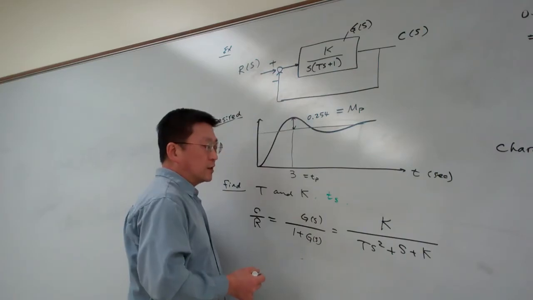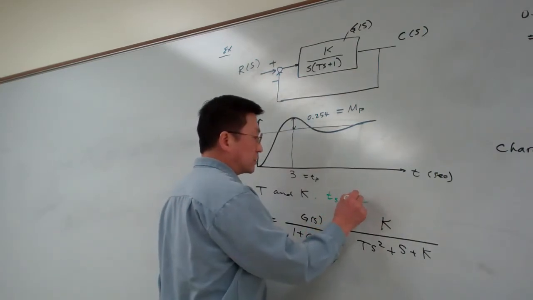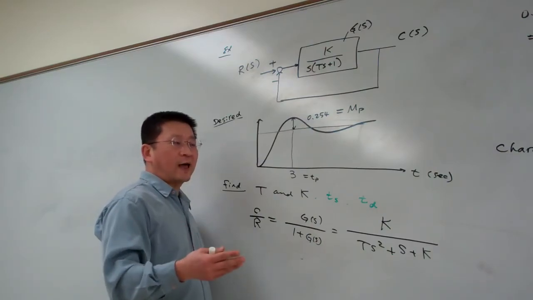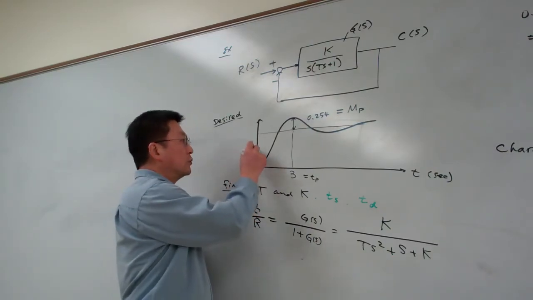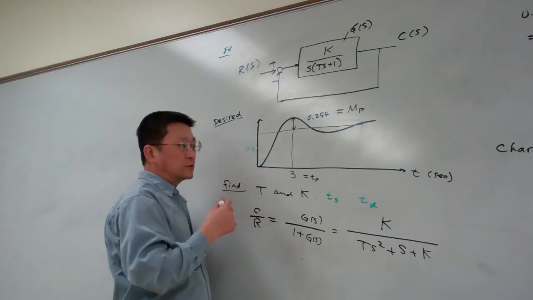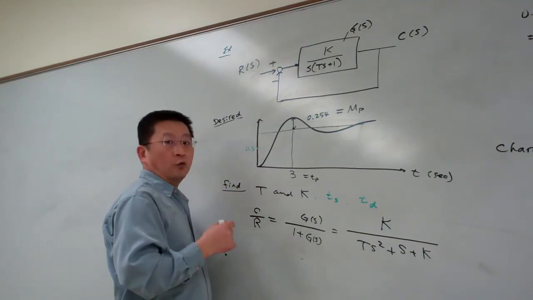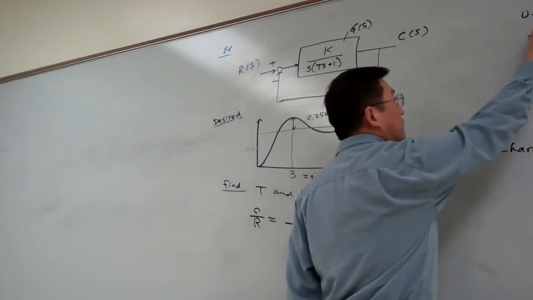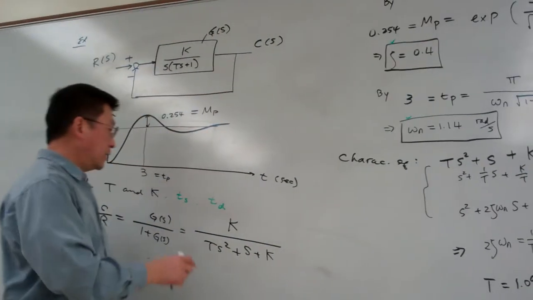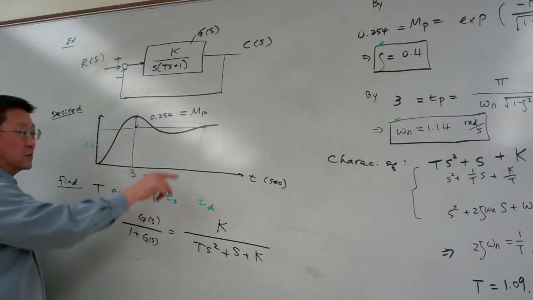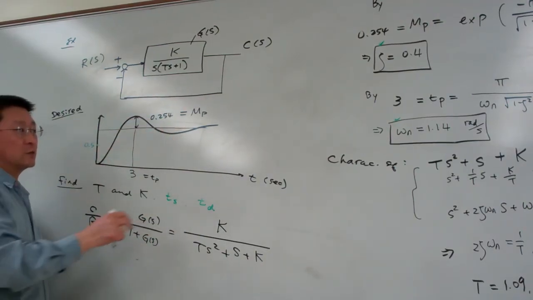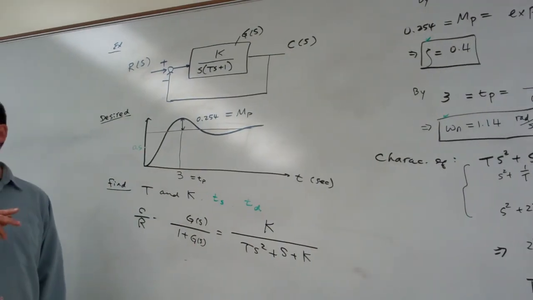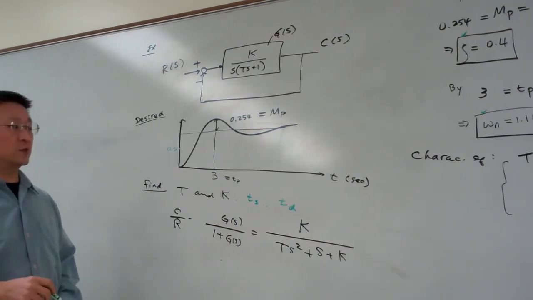And maybe I can keep asking, what is the delay time? Delay time is how fast the system will reach the 0.5 value. That's called the delay time, and there is also the rising time, etc. As long as we have these two values calculated, remember all the indices are expressed in terms of the two parameters. So once we have those, the whole set of indices can be determined right away.